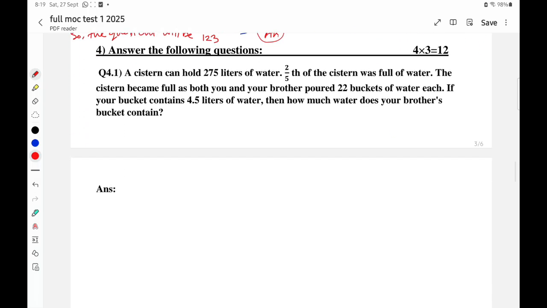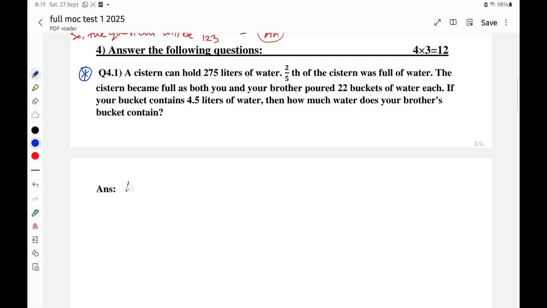Next, a cistern can hold 275 liters of water. 2 by 5 of the cistern was full of water. The cistern became full as you and your brother poured 22 buckets of water. That is actually an easy question. Just follow the instruction, you can find the answer.